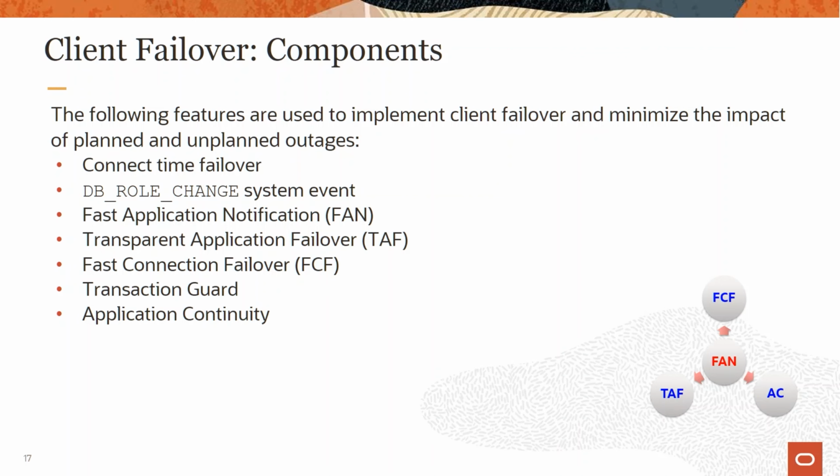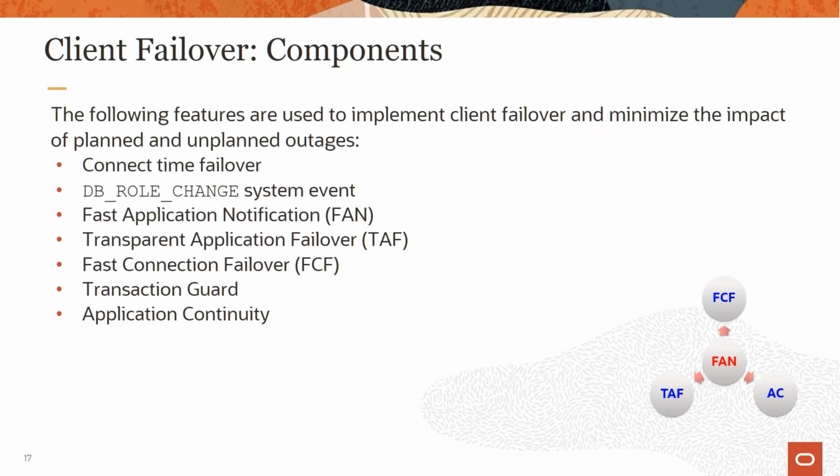If this were a clustered environment, then the FAN event is generated and informs the application or client about the status change in the database. FAN is Fast Application Notification.